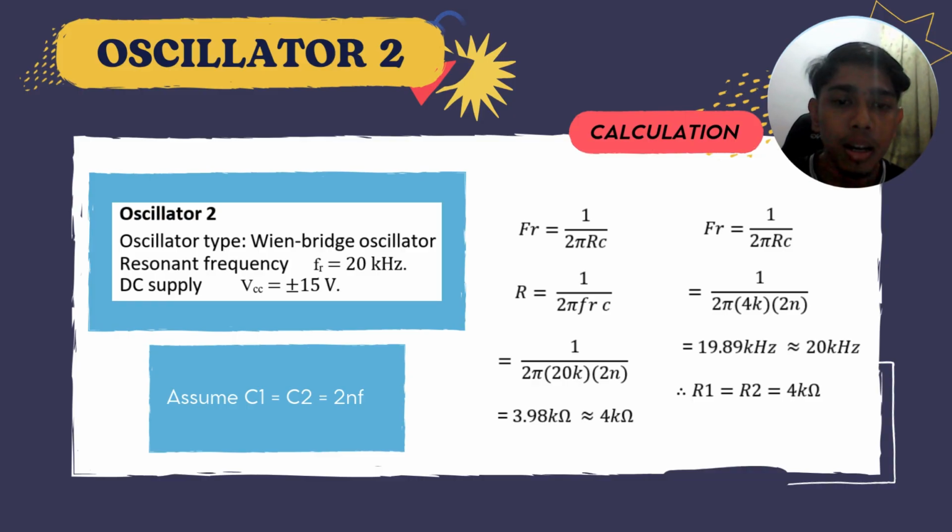To find the R, we use the formula R equals 1 over 2 pi FC. So for R, we got the answer 3.98 k ohm, which is 4k, and for FR it is 19.89 kHz, which is 20 kHz. R1 equal to R2, which is 4k.